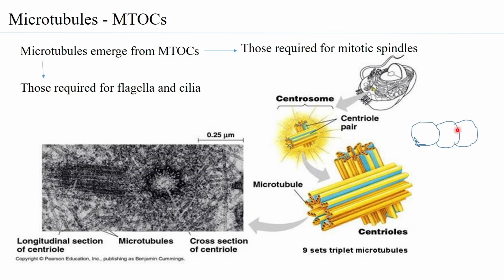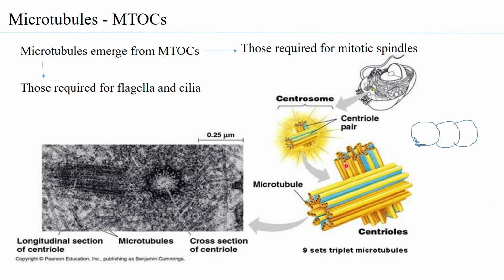Of the 3 microtubules, one microtubule is complete. That means it has all the 13 protofilaments, but the other two are incomplete microtubules. This one has 11 protofilaments, this one has 11 protofilaments, but they share two protofilaments of the previous one. So this is a triplet set of microtubules, and you have 9 of them forming what is called the pinwheel structure.